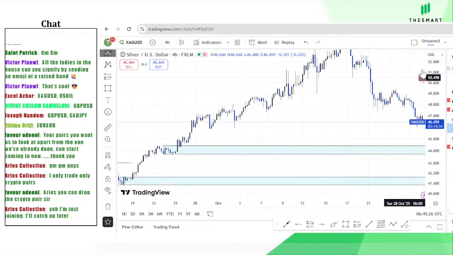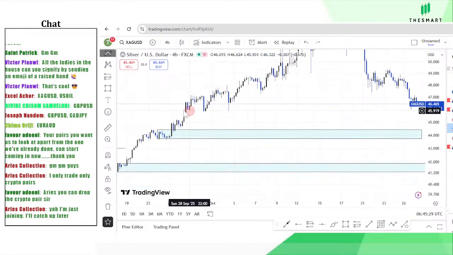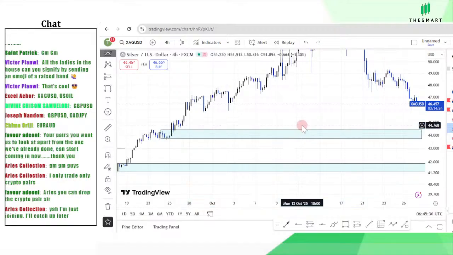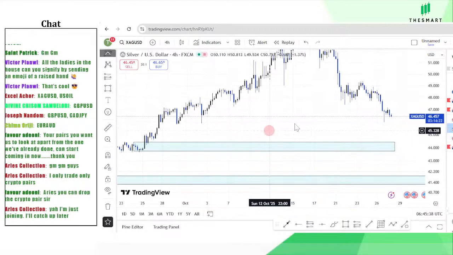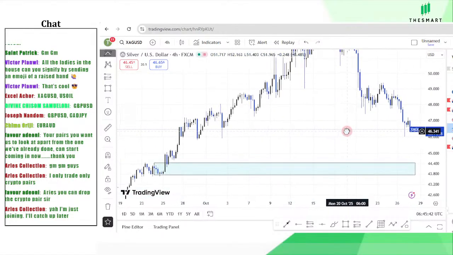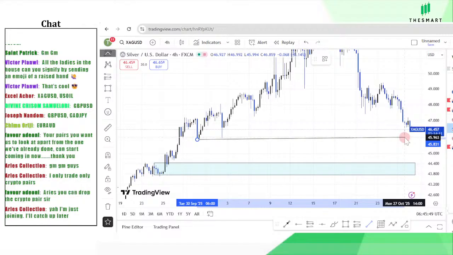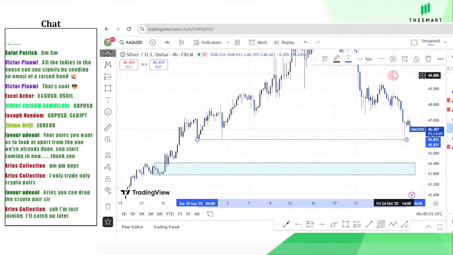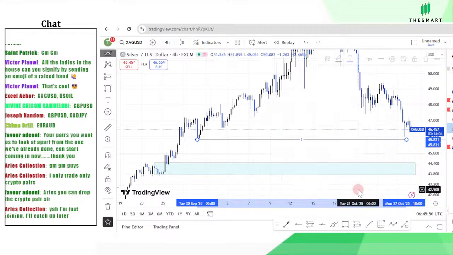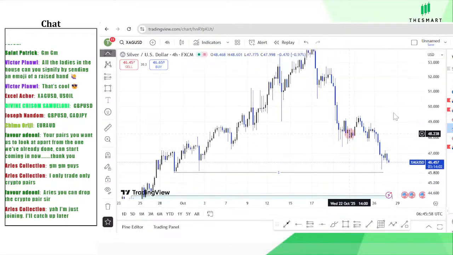Alright, so this is what we have on the 4 hours. And we have first, I can see this liquidity that needs to be taken out at this level here.